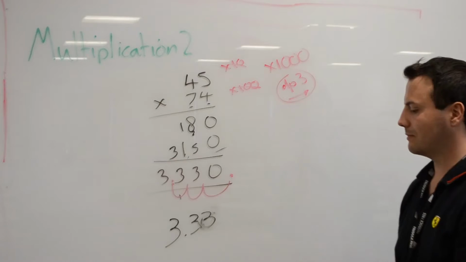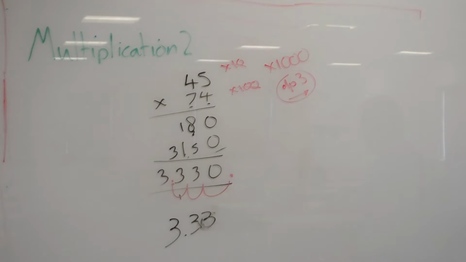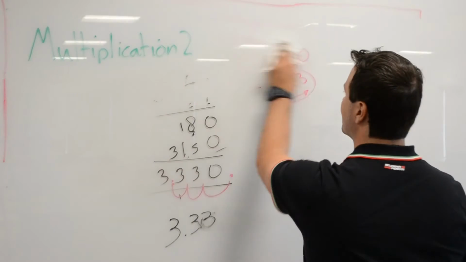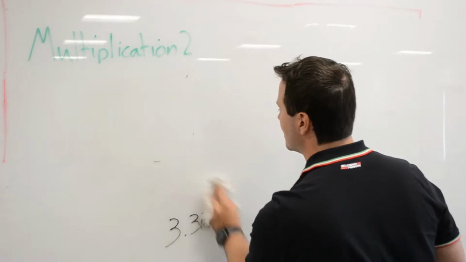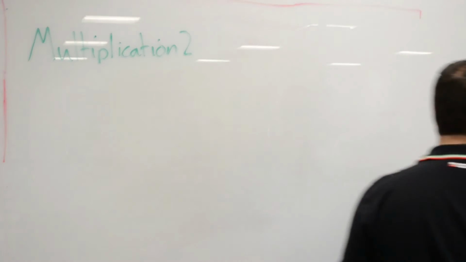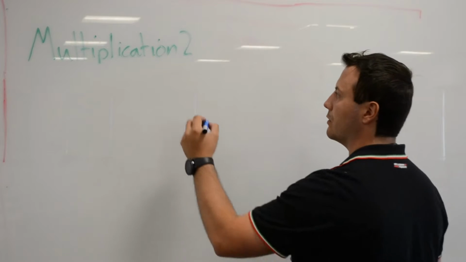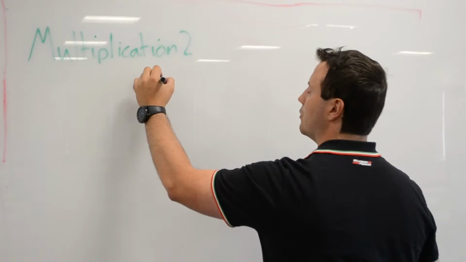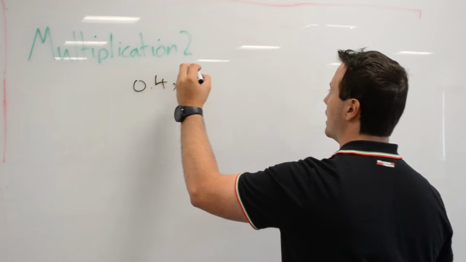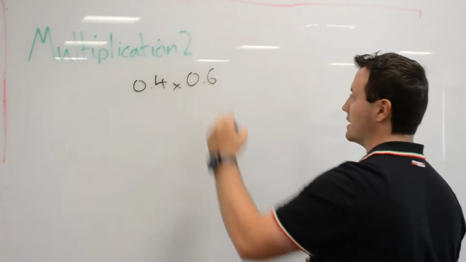So let's do a different example. Let's do an example of 0.4 times by 0.6.